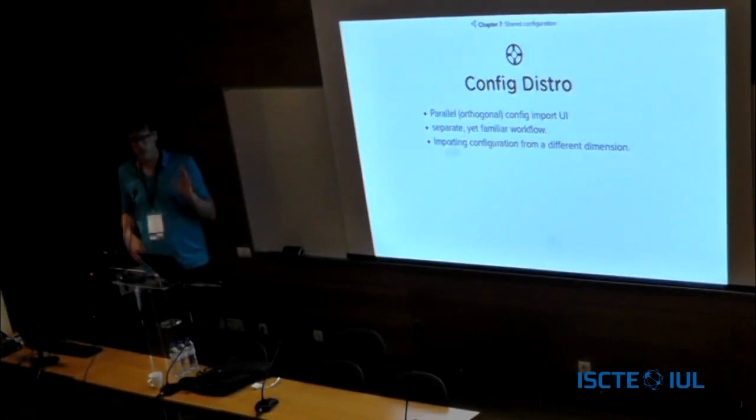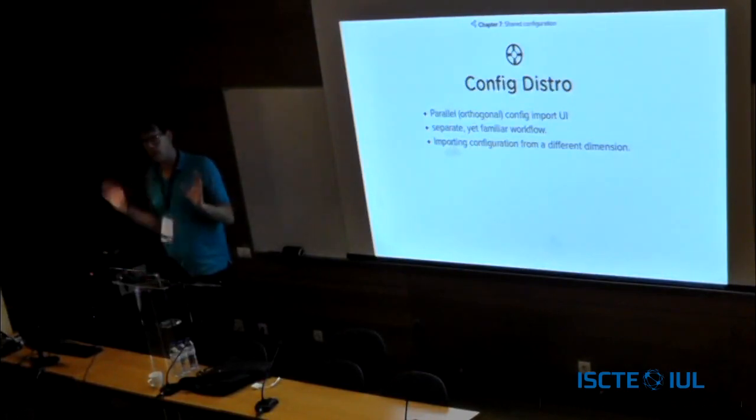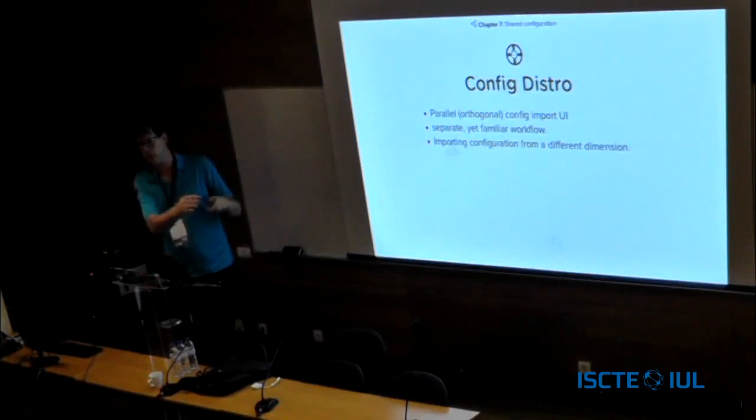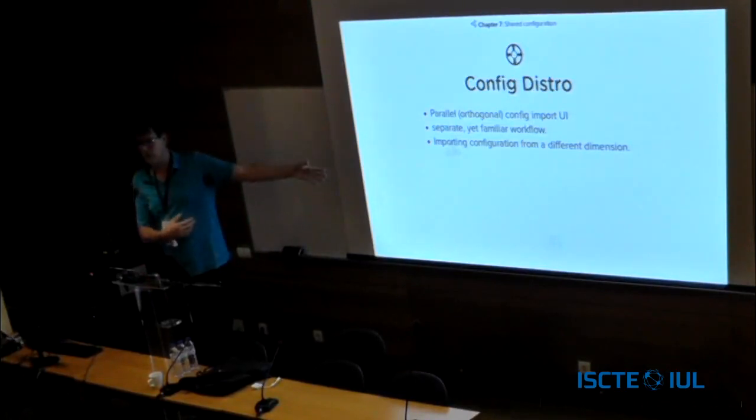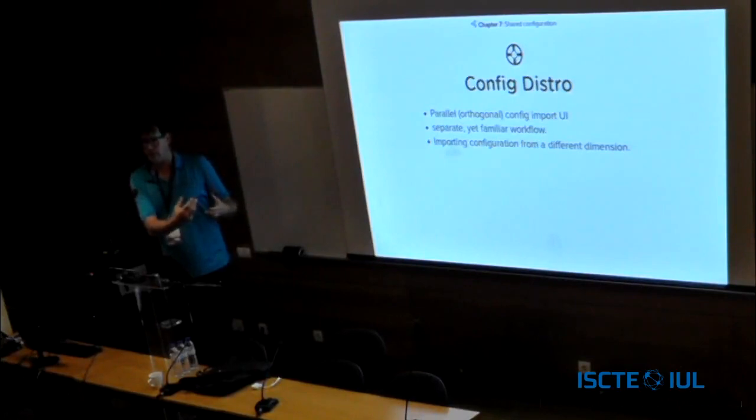And it essentially gives you the same UI as the configuration import does. So when you import the configuration from your files, it shows you what is new, what gets deleted, what are the diffs. And this does the same, but from the distribution, from all the modules that are enabled and that have new configuration.